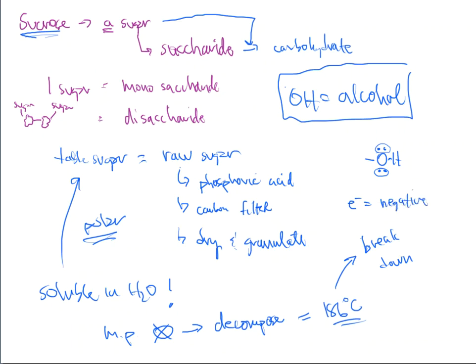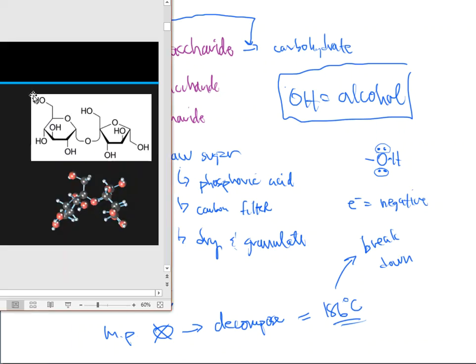So that means everywhere that OH group is, I see negative areas in the molecule. So this sucker is loaded with negative charges, which means that this is very polar, which means that it will dissolve in a very polar solvent, such as water. And that's why it does that.